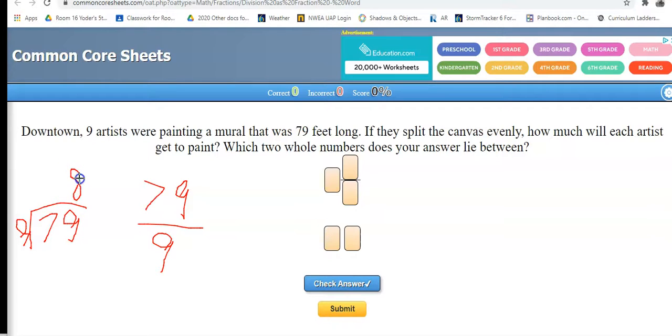We can do 8 whole things. We can take 8 whole groups of 9 out. We will have 72 of those 79 pieces taken care of. We have 7 pieces left over. It still takes 9 to make a whole. So we have 8 and 7/9.